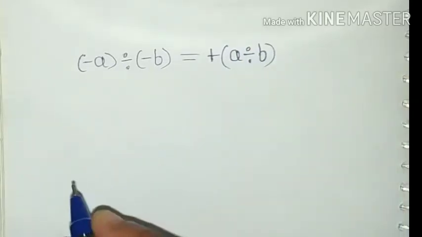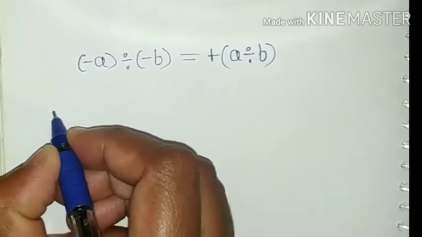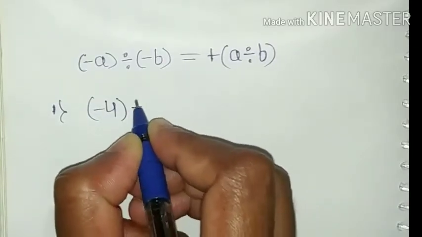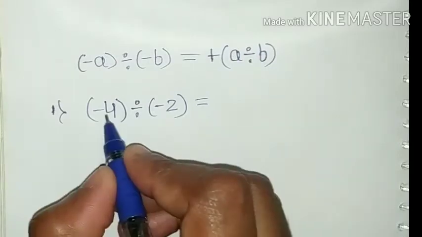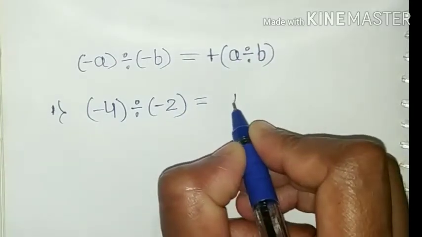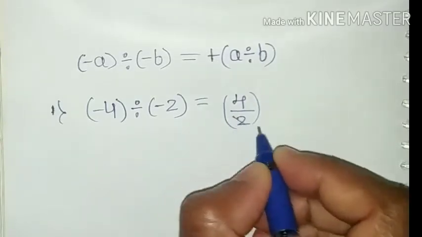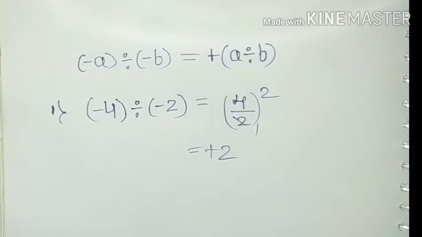Let's solve some problems related to this condition. First problem, minus 4 divided by minus 2. We divide them as whole, 4 by 2, and put a positive sign before the quotient. 2 ones are 2, 2 twos are 4, so plus 2.